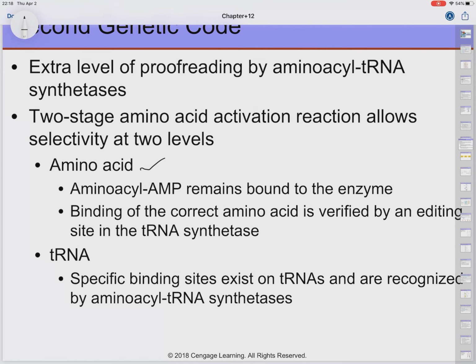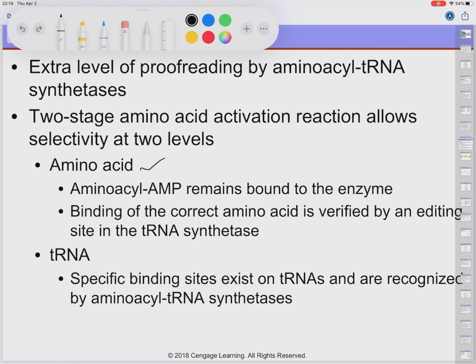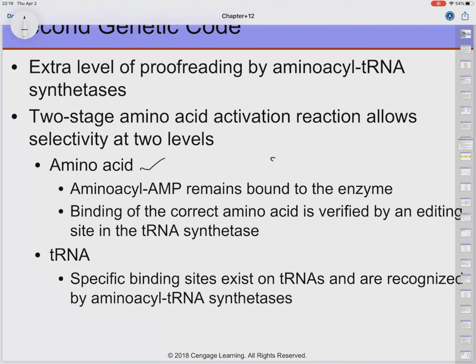Every amino acid has its own tRNA, and every tRNA has its own amino acid tRNA synthetase. So the synthetase has to recognize the amino acid and recognize the tRNA. If it doesn't recognize both, this reaction doesn't happen. This is a proofreading mechanism to make sure that no tRNAs are accidentally bringing in incorrect amino acids.